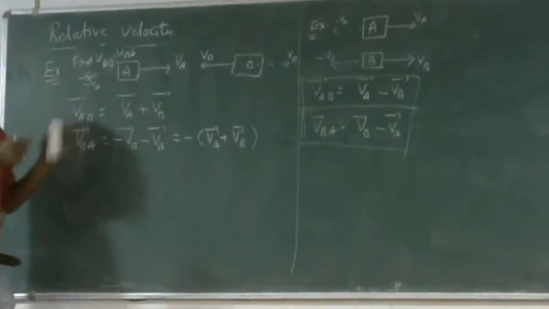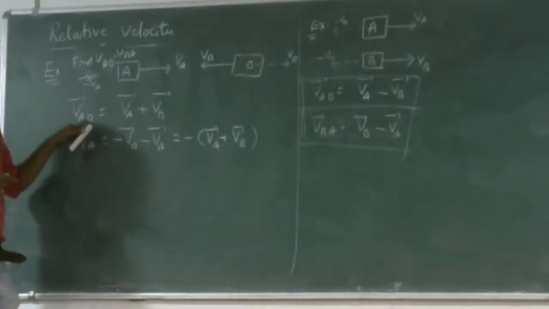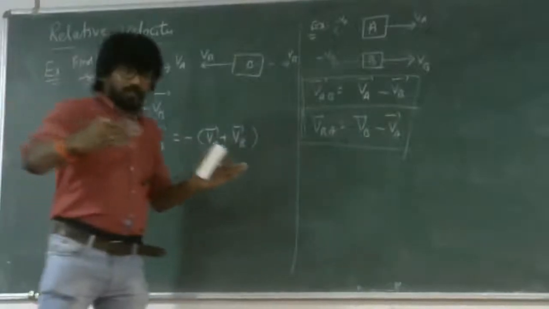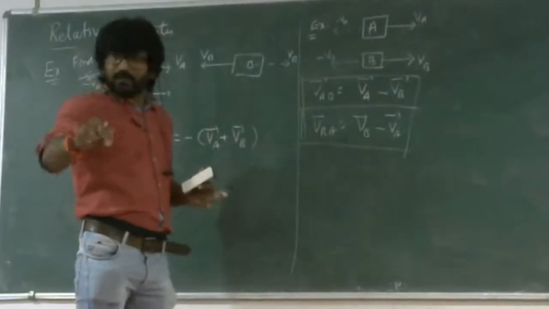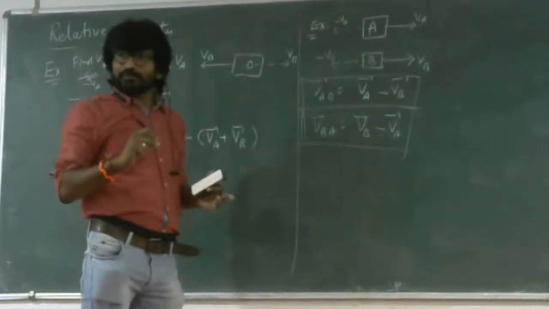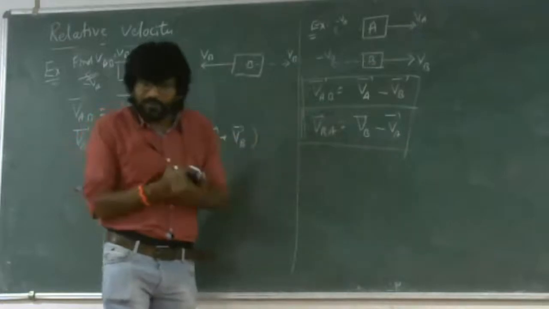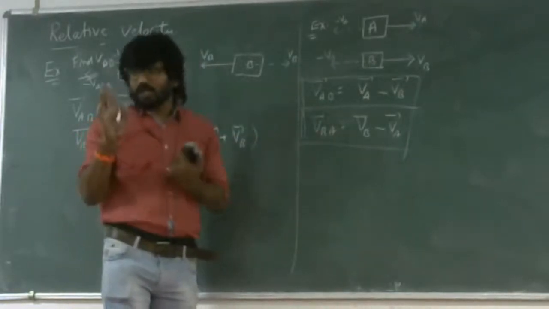What you can observe from these two is, there are two vehicles, this is A vehicle, B vehicle. Velocity of B with respect to A means, when you observe from A, what is the velocity of B? Whether it is moving or at rest.